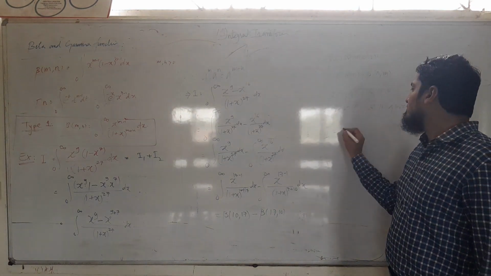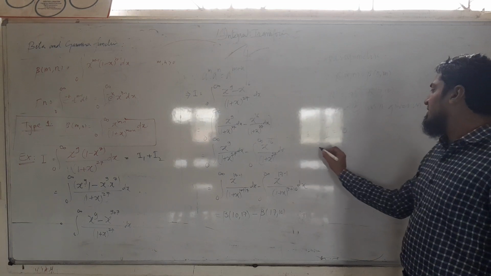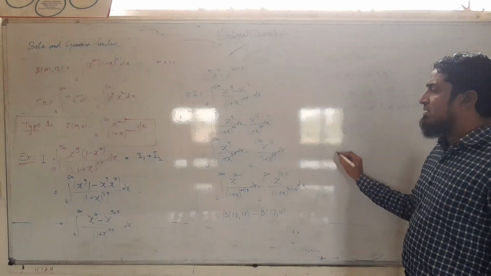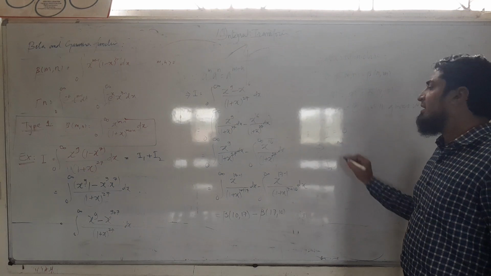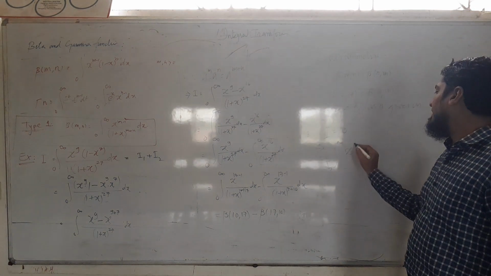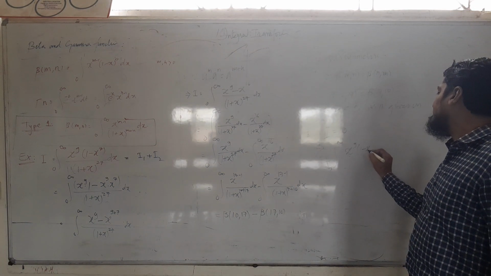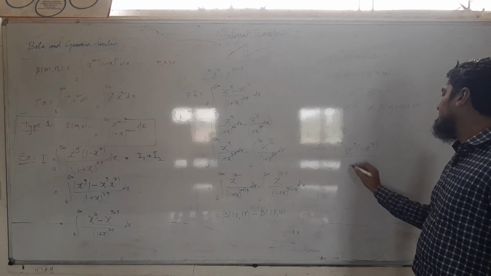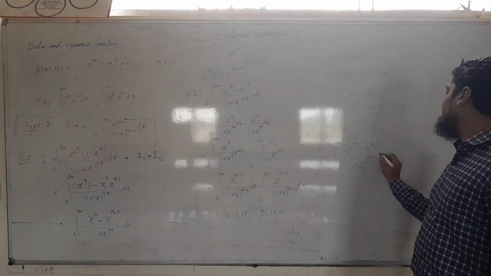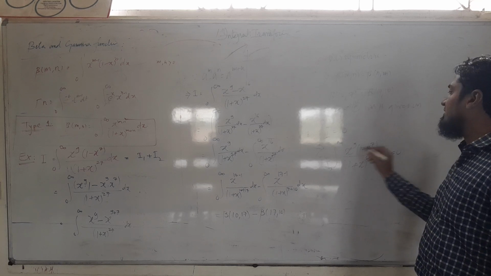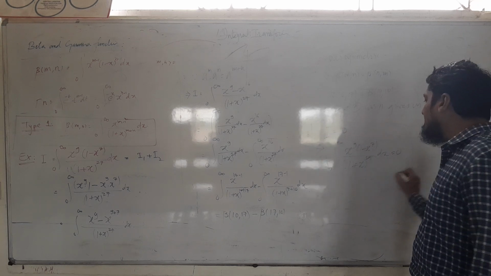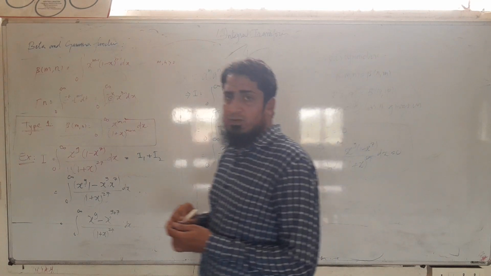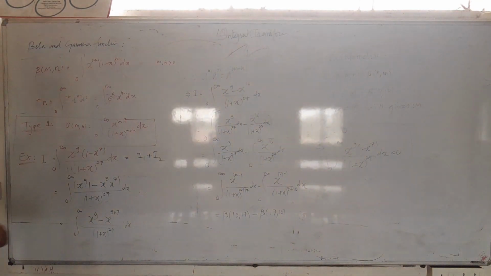I equals 0. This implies that integration from 0 to infinity x raised to 9 (1 minus x raised to 7) upon (1 plus x) raised to 27 dx is equal to 0. And it is the required result for this example.